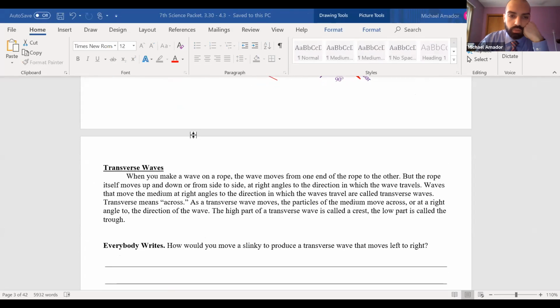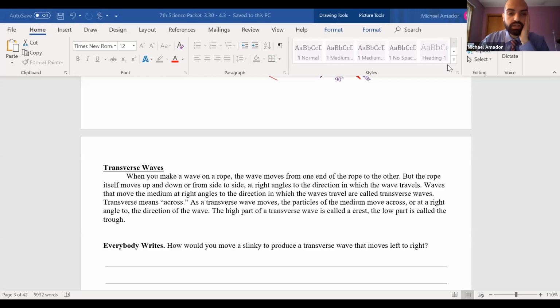Transverse waves. When you make a wave on a rope, the wave moves from one end of the rope to the other. But the rope itself moves up and down, or from side to side, at right angles to the direction in which the wave travels.